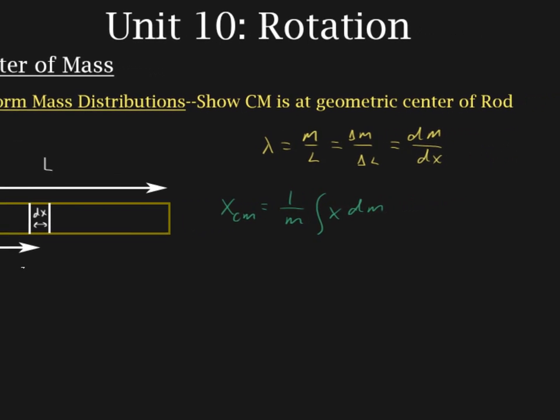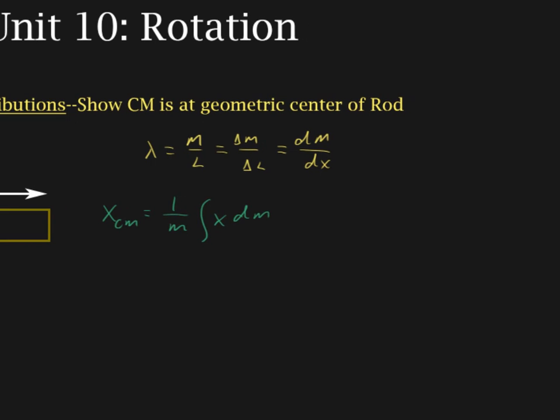If you recall, when we looked at discrete particles, x_cm was equal to m1 x1 plus m2 x2 over m total. That's what we're doing here, but we're integrating across a length dimension, not across a mass. So in this example, we'll be integrating from 0 to L.